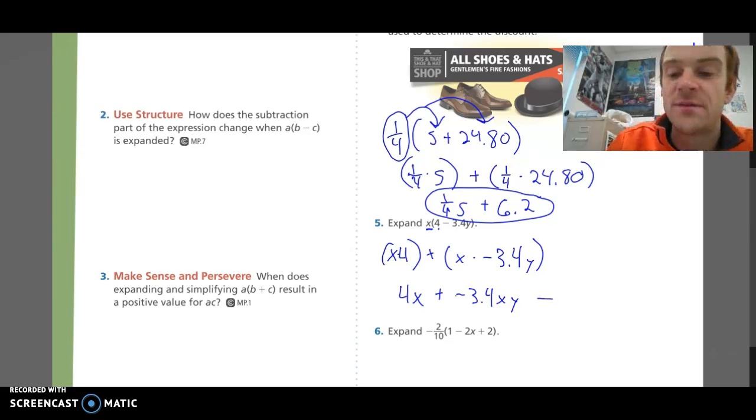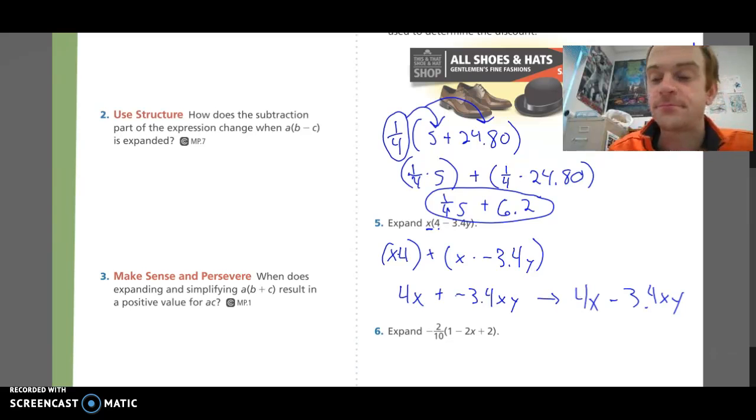And even more simplified, this would actually be, what do you think? Well, to simplify it even more, I'd actually go 4x minus 3.4xy. And so I went xy instead of yx because we usually go in alphabetical order from left to right, but it's not a huge deal. The main point is that I need to show that both the x and the y are still there. So here is my expanded expression.